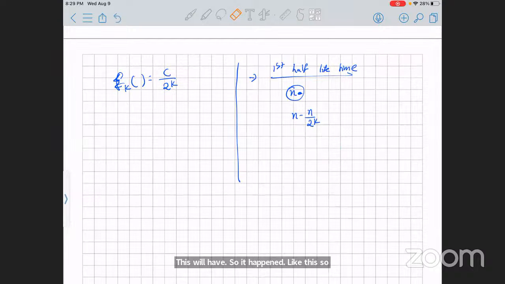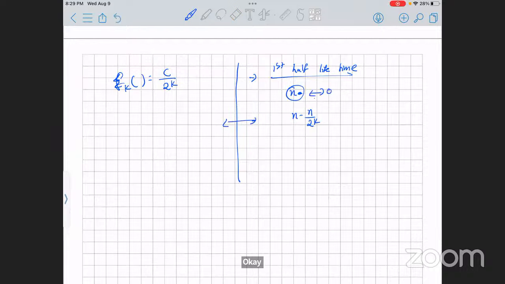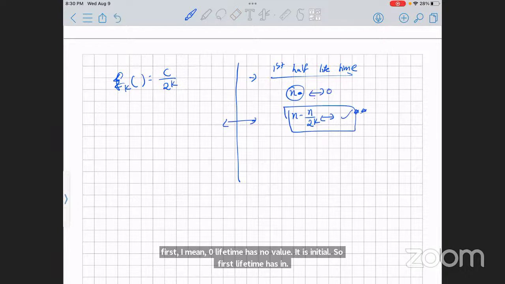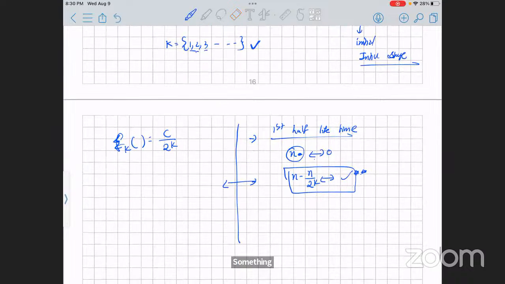So what you can do is compare. First, 0 lifetime has no value, it is initial. So first lifetime has something. Something important: k starts from 1. So sigma f of k is equal to c, taking c common, 1 by 2 plus 1 by 2 square and so on.